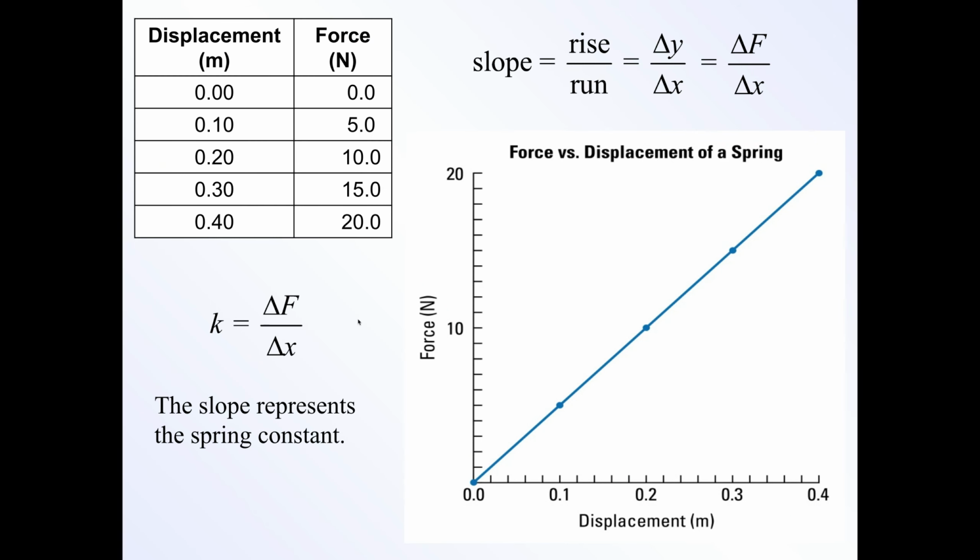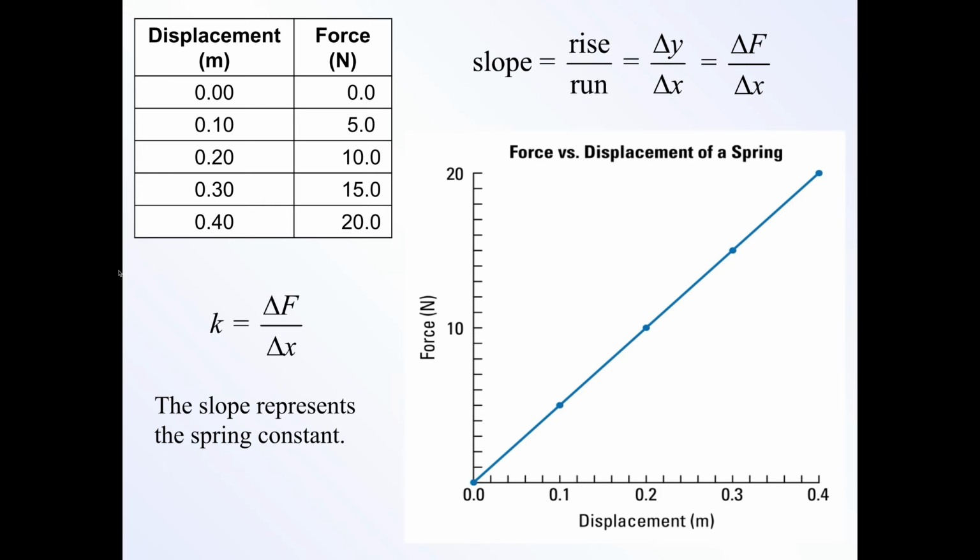For the force displacement graph, the biggest thing to know is the relationship. As we said earlier, the force is proportional to the displacement. As one goes up, the other also goes up, so we can see this straight line.